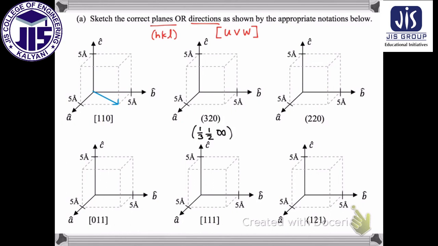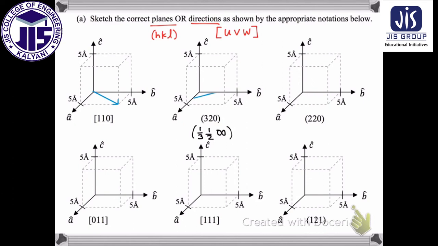So go 1/3 along the a-axis. That would be right there at that little tiny blue mark. Now go to 1/2 on the b-axis, which is half of the unit cell. So we go to the halfway point, and we make a line there. Now the infinity, or the 0 in this case, means that you are parallel to the axis of that coordinate.